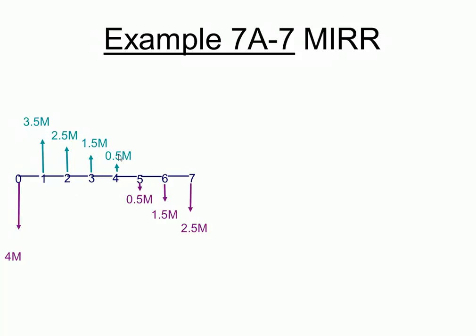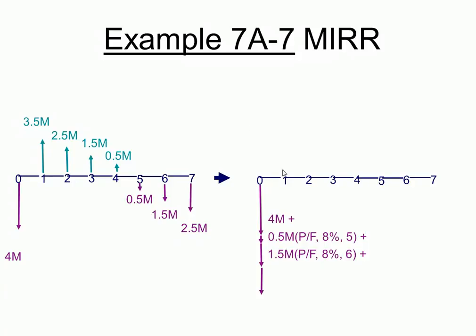And all of the receipts, these blue arrows pointing up from year 1 through year 4, we're going to combine together and move to the future. So again, this is what we're going to have.